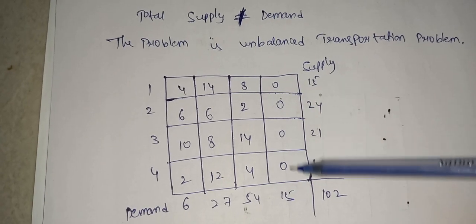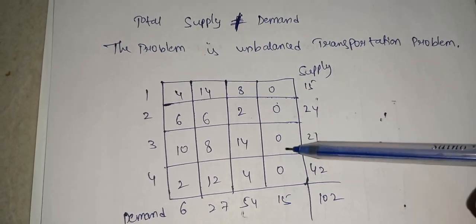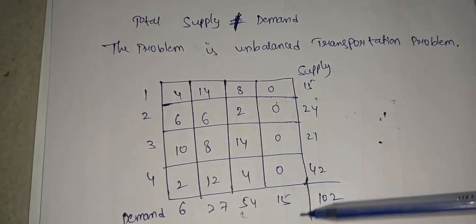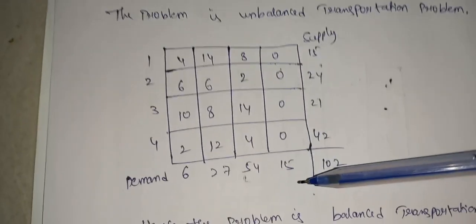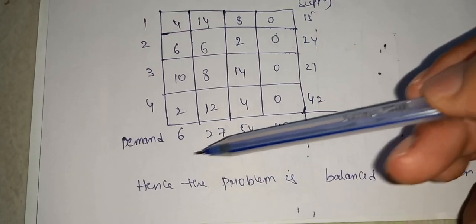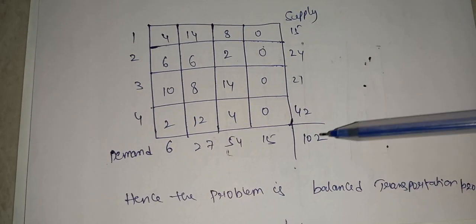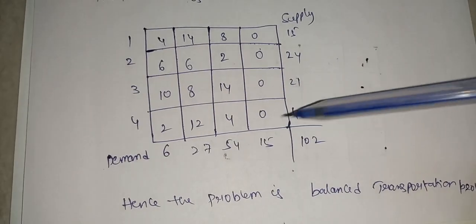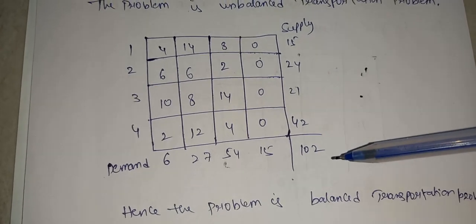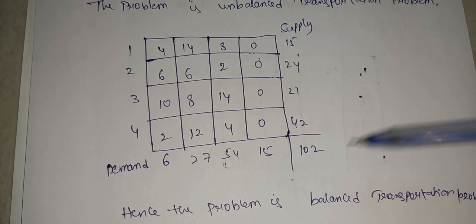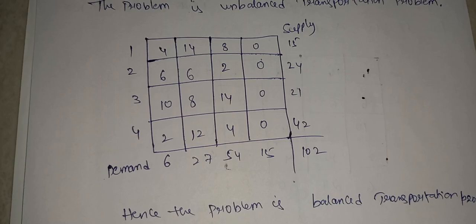So here add the additional column with values 0, 0, 0, 0 and the lesser value, that is 15. Now check the balanced condition. Here the total supply is equal to the total demand, that is 102. Now the problem becomes a balanced transportation problem. Continue the problem as in the case of a balanced transportation problem.